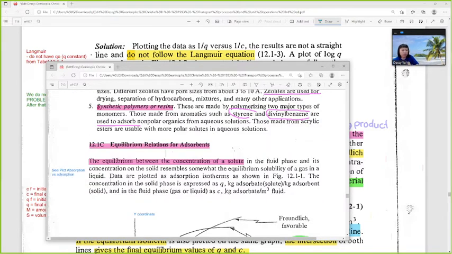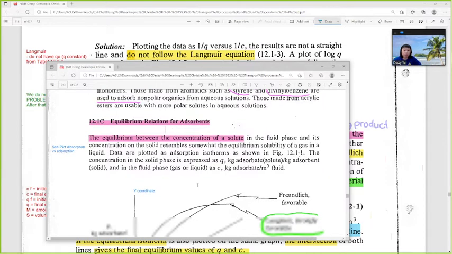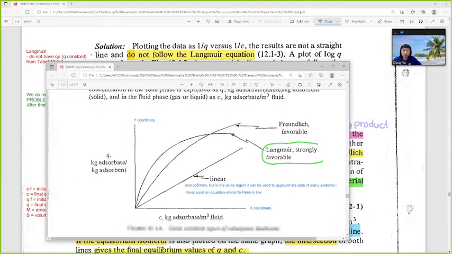After that, we also discussed the equilibrium relation for absorbent. Here we knew three equations: linear, Freundlich isotherm, and then Langmuir.